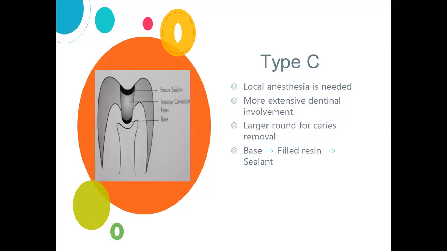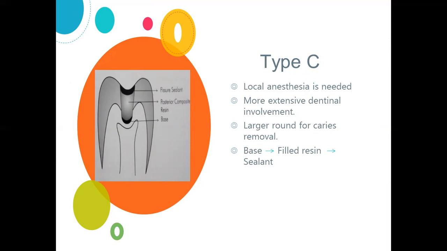Then coming to type C, there is more extensive involvement of the dentin. So this cavity may require a considerable amount of cavity preparation with a larger size round burr. Local anesthesia may be needed since there will be more involvement of the dentin, so the patient may feel sensitivity.